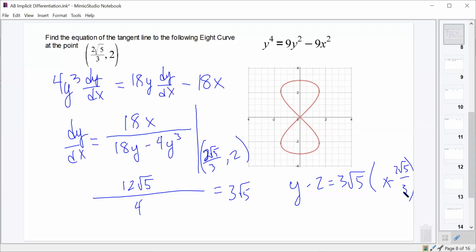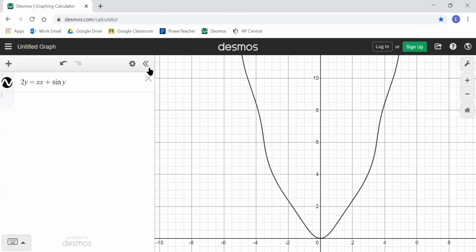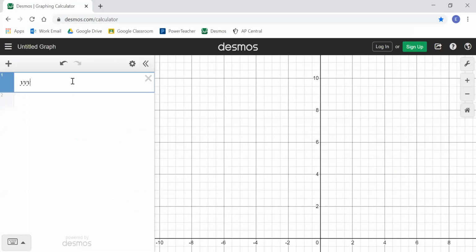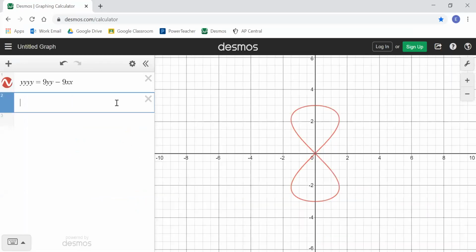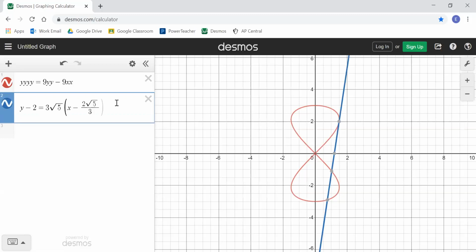Yes. All right, let's take a look and make sure we've done this correctly, because you should always be able to graph these on Desmos and see if you did it right. So what do we have? We had y to the 4th equals, what was it, 9y squared minus 9x squared? Okay, and then we ended up with y minus 2 equals, what was it, 3 root 5 times x minus 2 root 5 over 3.